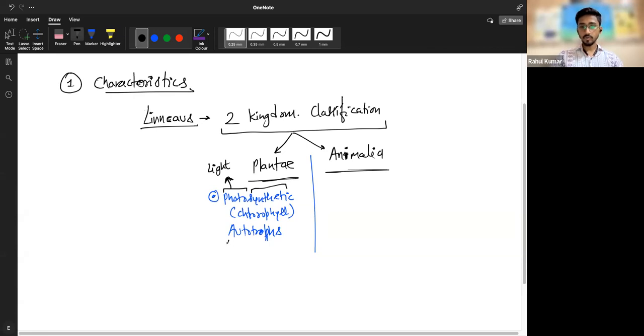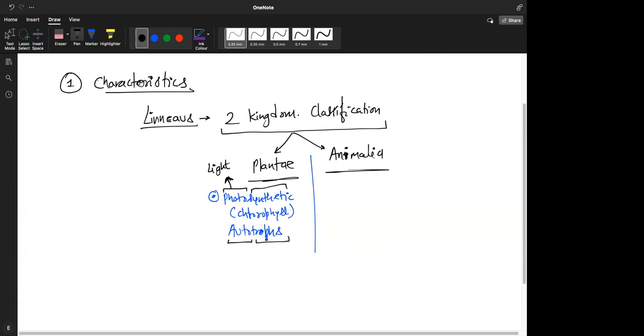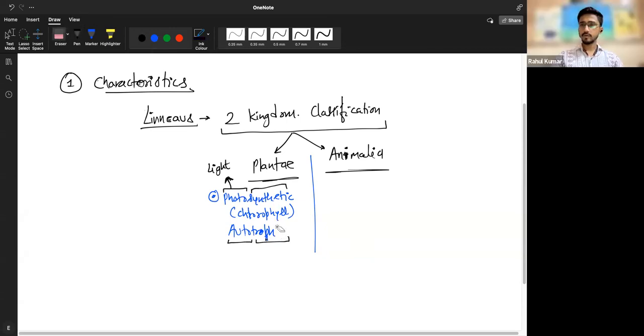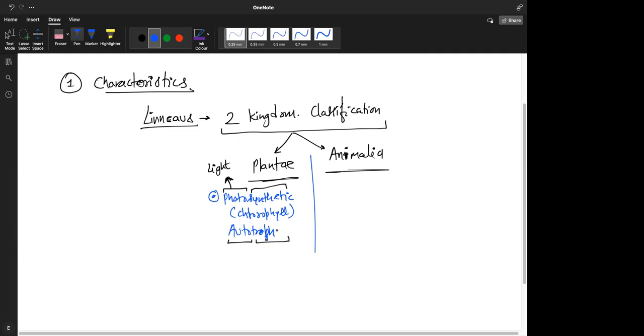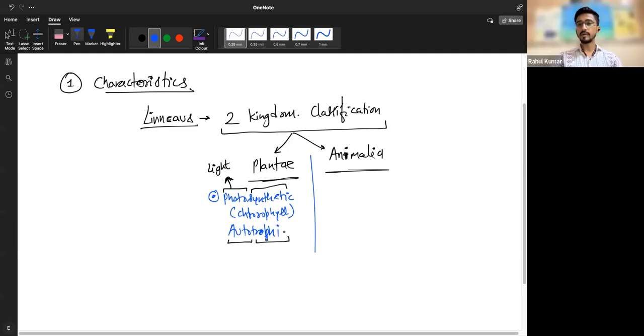Similarly, the word auto, do you know what the word auto means in science? No. Auto means self. Have you heard of things called automatic? This machine is automatic. Yes. It means that it works on its own. You don't have to manually operate it all the time. Okay, those are automatic machines.